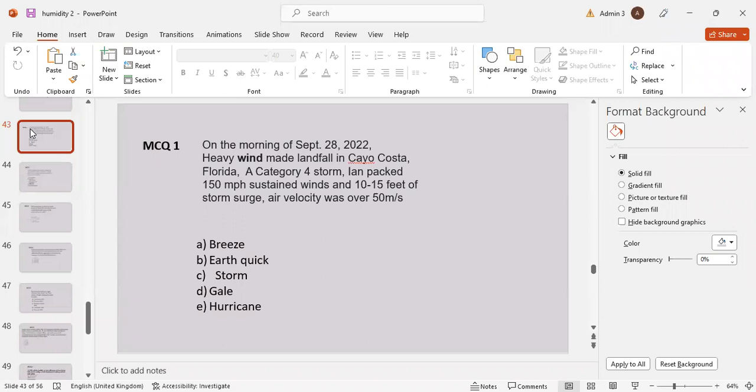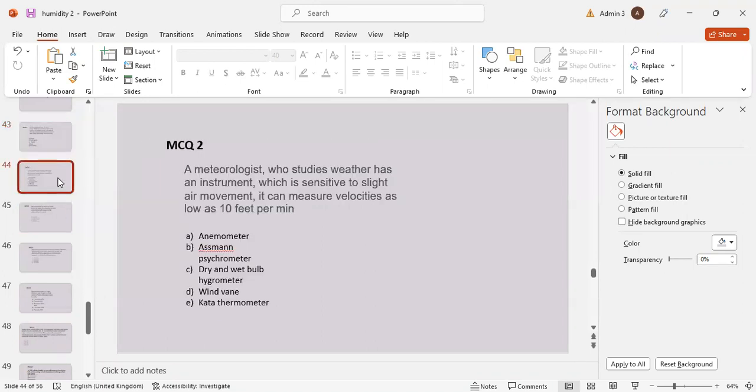The land was packed with 150 mph sustained wind and 10 to 15 feet of storm surge. Air velocity was over 50. Option A, it is breeze; B, earthquake; C, storm; D, gale; and E, hurricane. Hurricane? Yes, E is the right option.